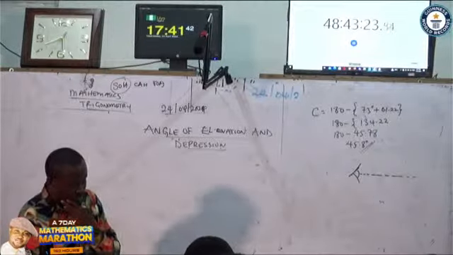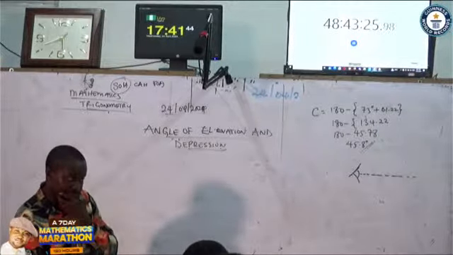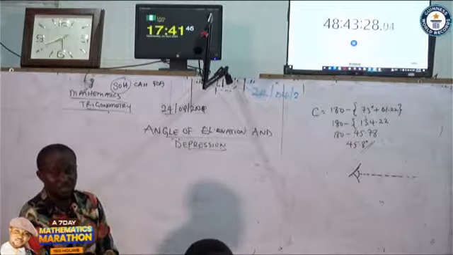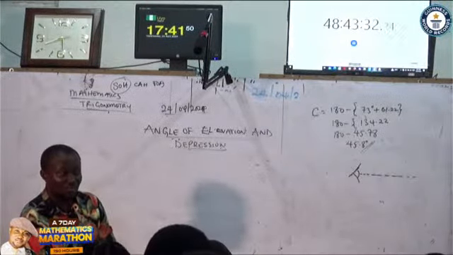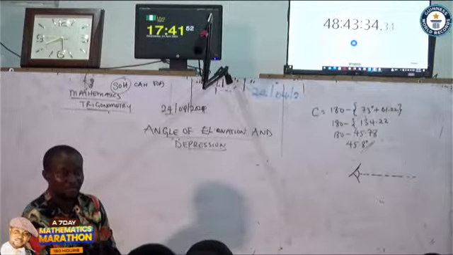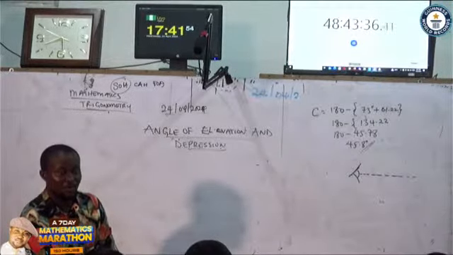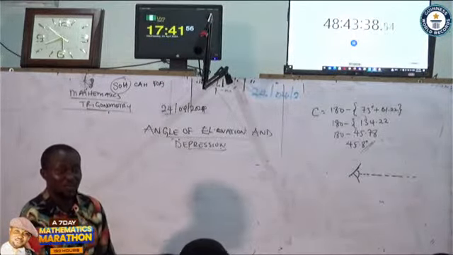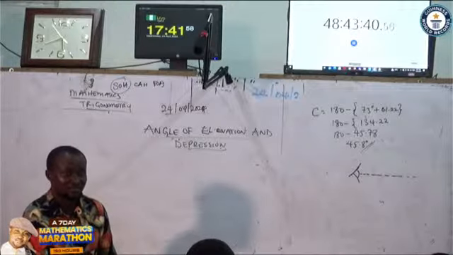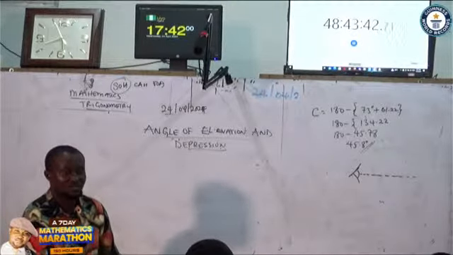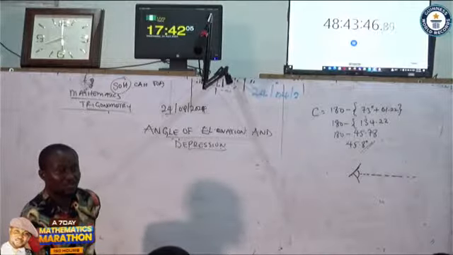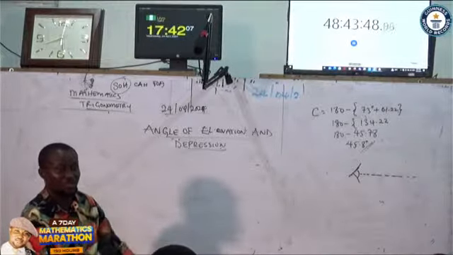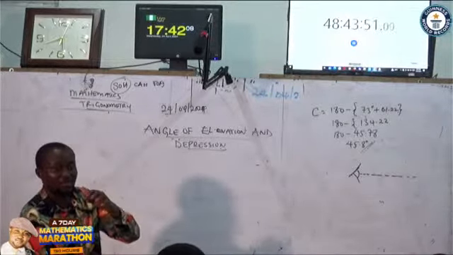Just like I told you, any object you see above your eye is angle of elevation.